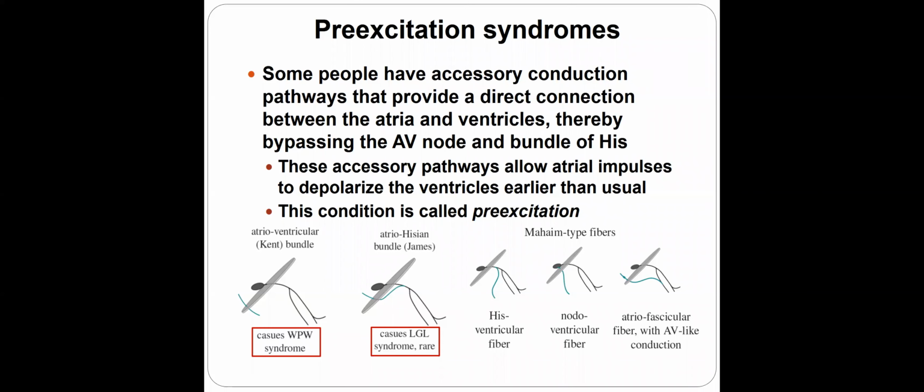In some cases, there is an abnormality, additional fascicles, a hereditary abnormality, where these bundles or fascicles connect or bypass the AV junction. The most common are WPW syndrome and LGL syndrome. The Mahaim types are usually less common. So we are going to discuss these two.